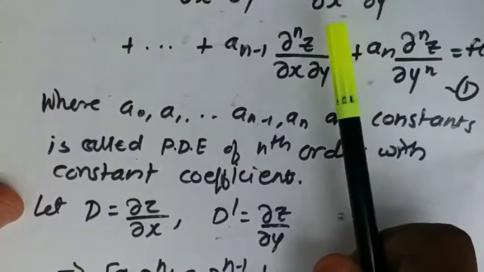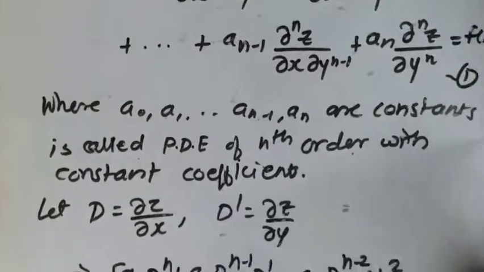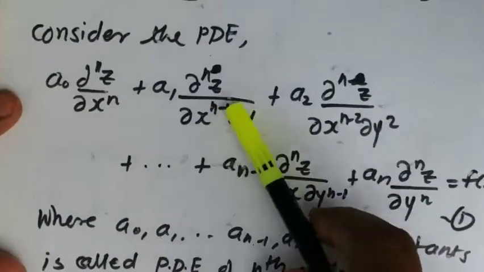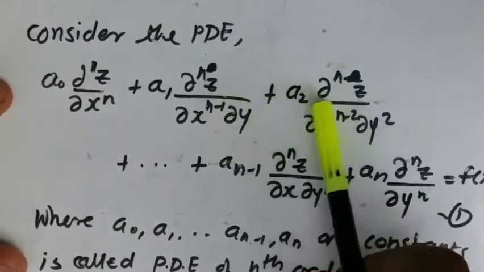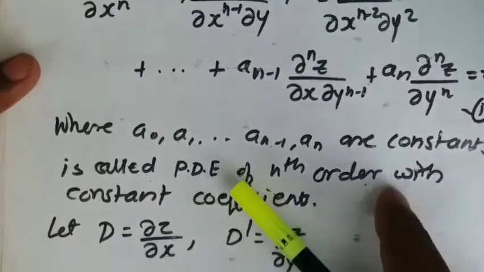Whenever this type of equation occurs in front of you, it is called a partial differential equation of order n, and it is linear also, because all the derivatives occur in degree 1. So this can be called a linear partial differential equation of order n.